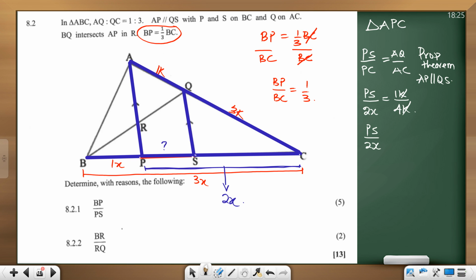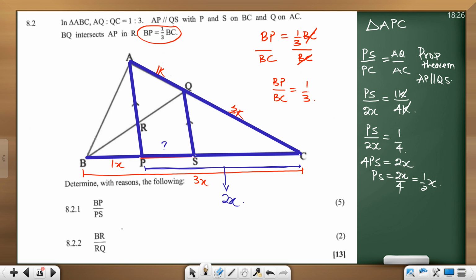PS over 2x. I want to write it out first. Do you want us to cross multiply? Okay, let's cross multiply. So what is PS? 2x over 4, and what is that? 1 over 2, what? X.